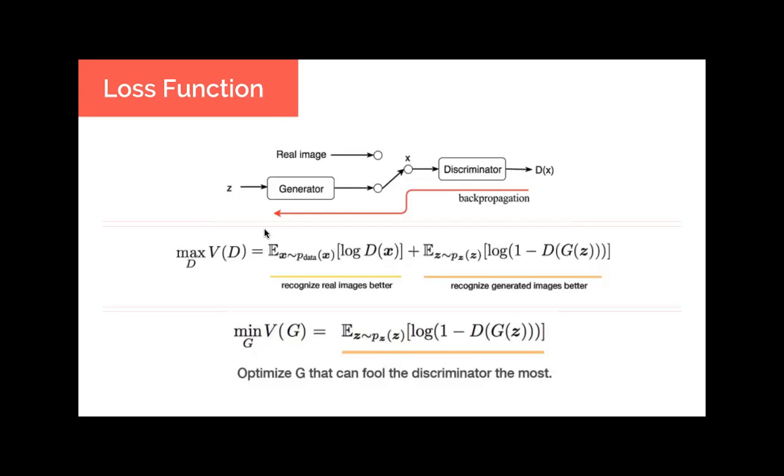For the fake, it's the same thing. You want to categorize the fake image as fake, which means label 0, so you also want to maximize the ability to distinguish the fake image. So we also maximize this one. For the first one, because it's really long, I will call it A. This one is B.